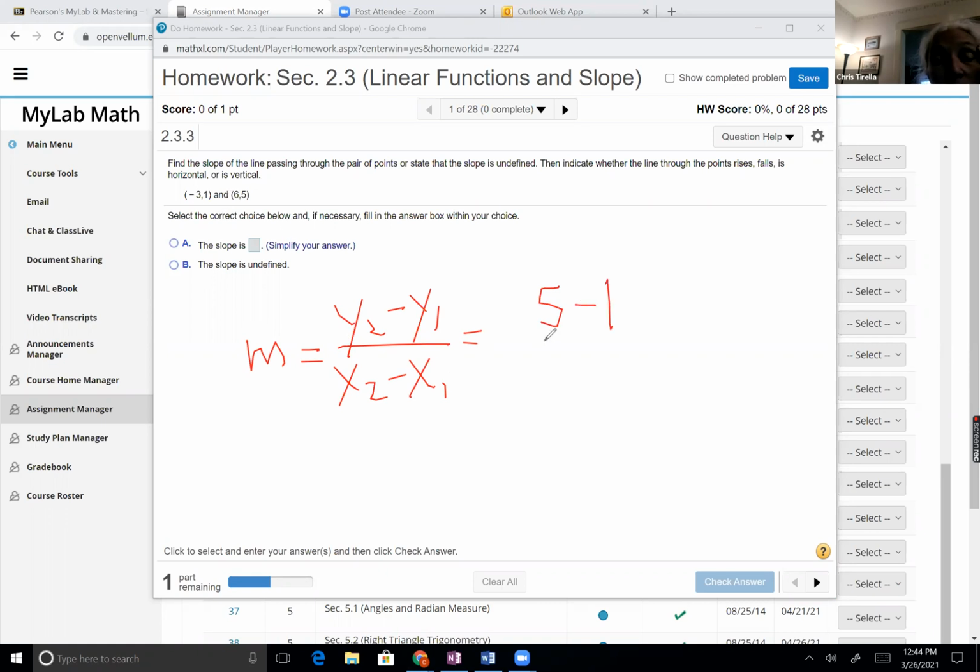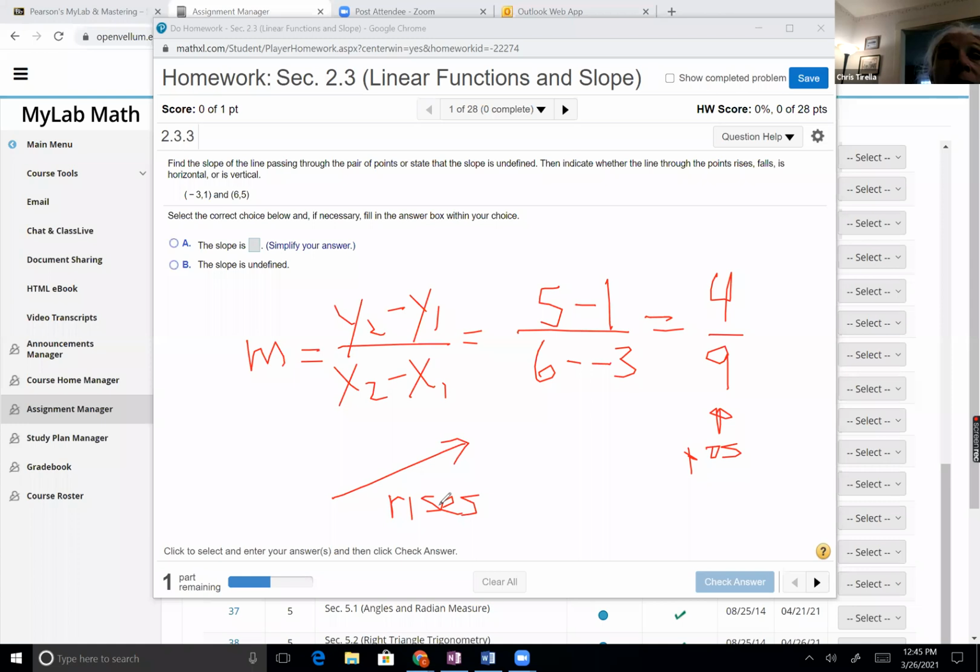My x values would be 6 minus -3. And so that would give me a slope of 4/9. Now, because it's positive, it means that it's increasing or it rises. Instead, if it were negative, it would fall. If the slope is 0, it's horizontal. If the slope is undefined, it's vertical.